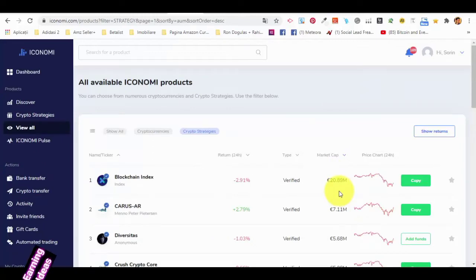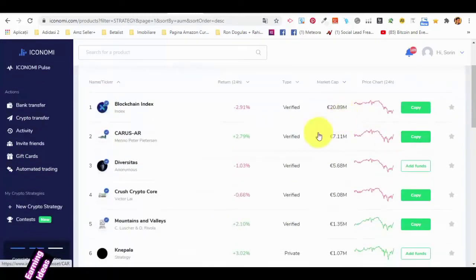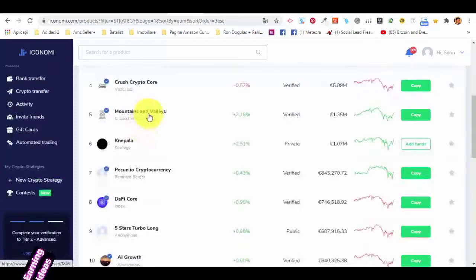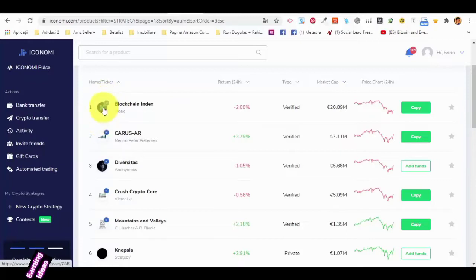If the market cap is high, in our opinion we have a big chance that the strategy is better for the long term. Another thing that we are looking for is the small check mark to see if it's verified.